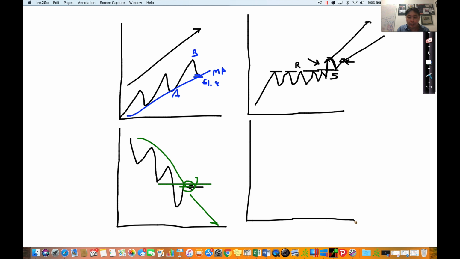Similarly, on a downtrend, some traders enter on breakouts, right? So again, it's going down, and they see that it's forming some kind of a consolidation.